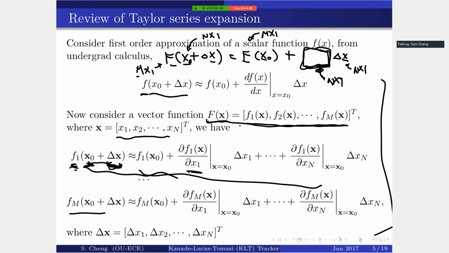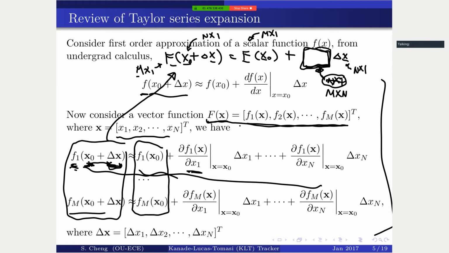Somehow I need this term multiplied by delta x to have a matching dimension, so therefore it should be a matrix, right? Otherwise it doesn't match. Actually, it should be something like n by n here. And you can read the values here. This is the f of x, and this is the f of x naught.